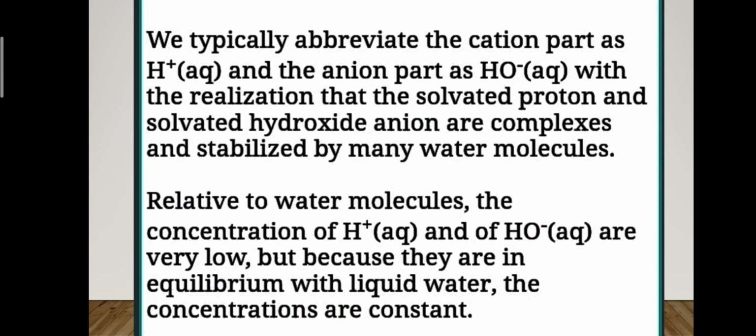We typically abbreviate the cation part as H positive and the anion part as OH negative, with the realization that the solvated proton and solvated hydroxide anion are complexes stabilized by many water molecules.